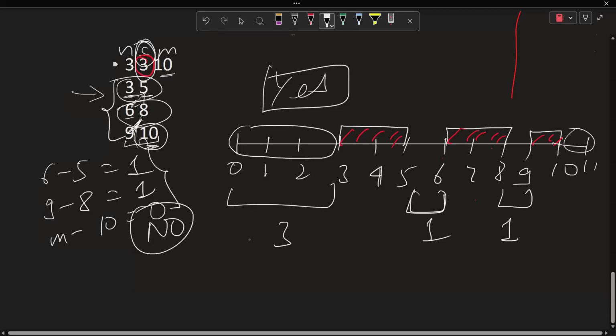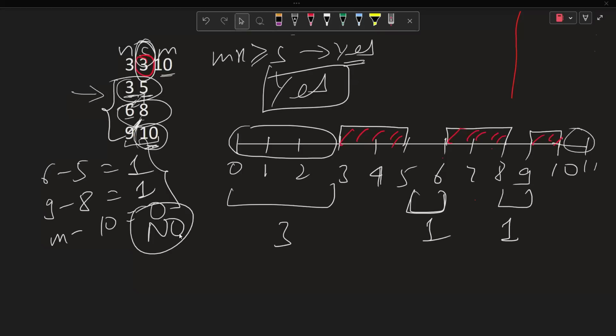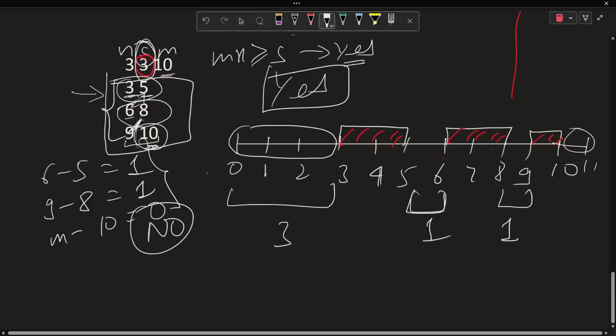If that maximum is at least s, we would say yes, we can take a bath there. Otherwise, we would say no. I hope it is clear. To store those intervals, we can use a pair. We would look at the code to see how we are doing it.